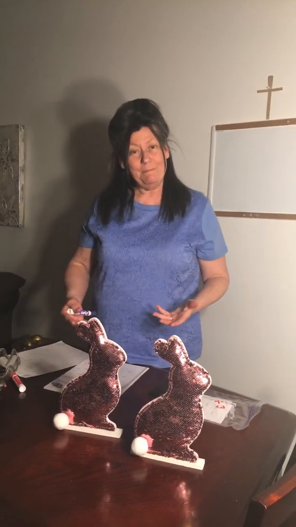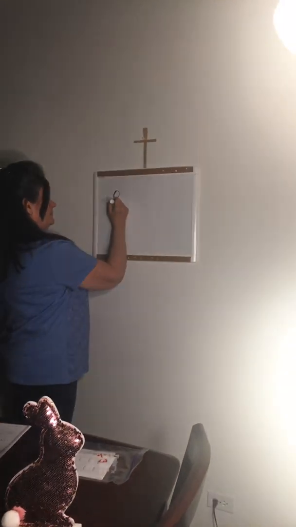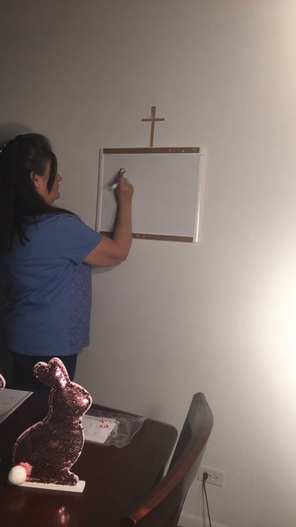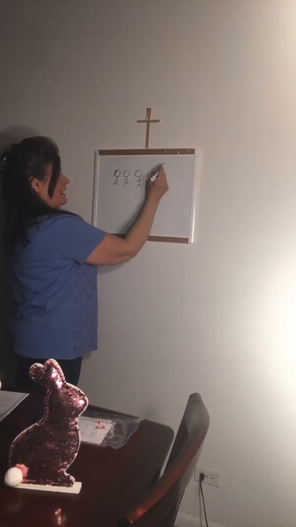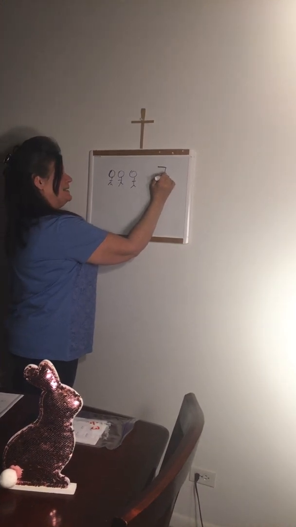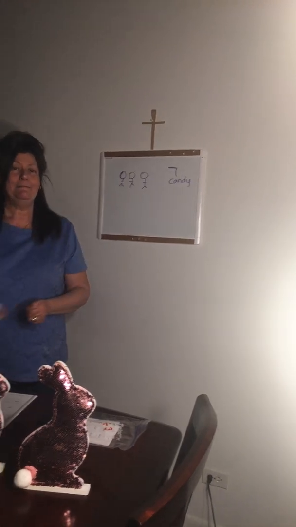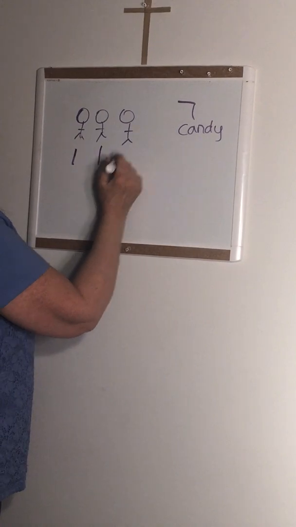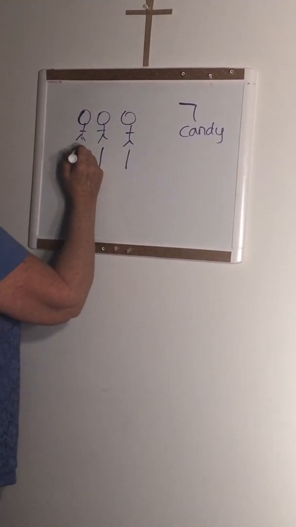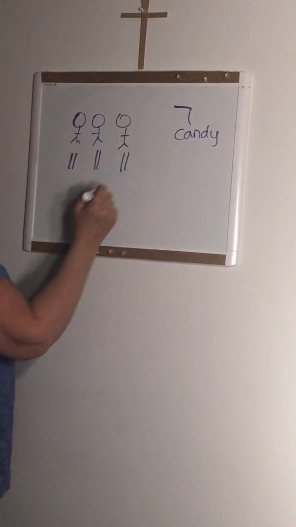What does it mean to have a remainder? Well, let's say that you had 3 children and you had 7 pieces of candy. And I start to pass them out, and this person gets one, and this person gets another one, and this person gets one, and now, so that's 1, 2, 3, 4, 5, 6.